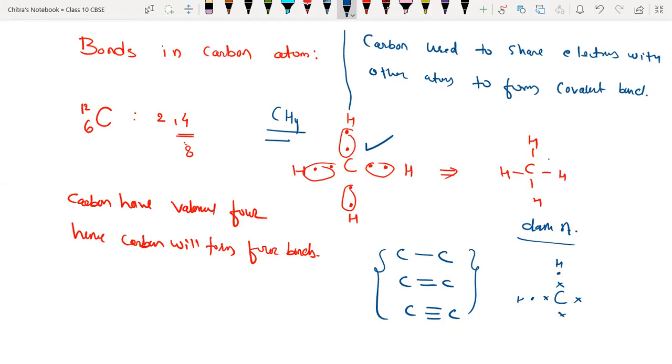So this is called the dot and cross structure of methane. Whenever we draw the cross and dot structure, we write a key in the form of a scale: cross is the electron of carbon, and dot is the electron of hydrogen. So this is the cross and dot structure of methane.